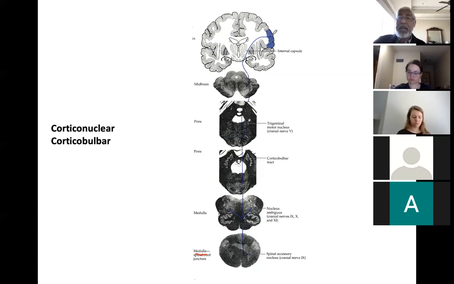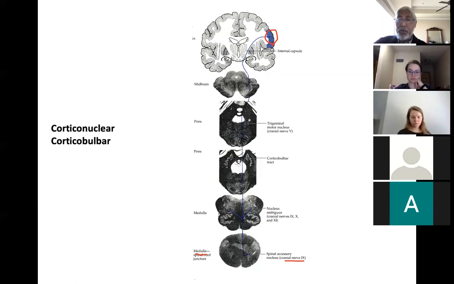So it began at the cortex, that's fine. The beginning is good, cortico. Now it is ending here in the medulla. Where does it end here? Now this one, the one that they show, it ends in the cranial nerve nucleus of 9. 9 is what? 9 is glossopharyngeal.